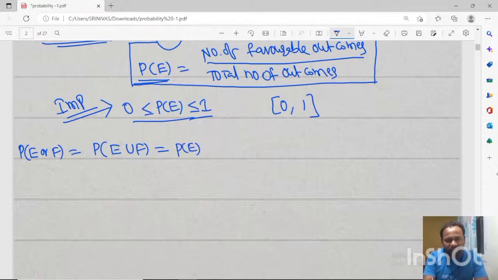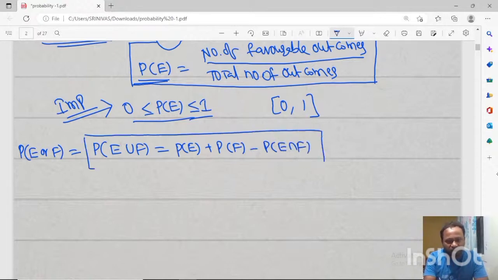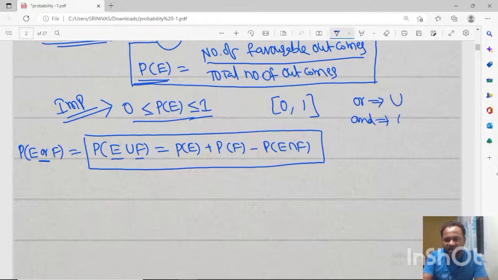Probability of E plus probability of F minus probability of E intersection F. This is also one of the important formulas. We will use this formula further. Here "or" is nothing but union and "and" is nothing but intersection. We need to remember these two properties.